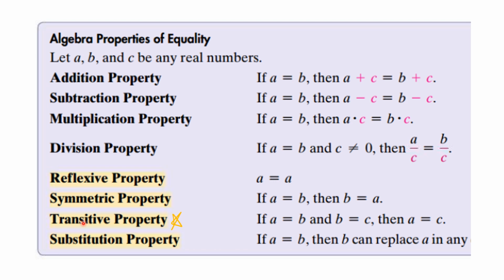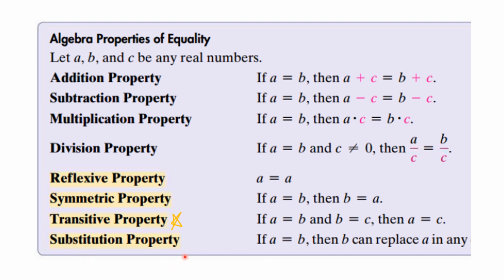I'll give you an example with actual numbers on the next slide, but the transitive property of equality says if A is equal to B and B is equal to C, then A is equal to B, which is equal to C, which means that A is equal to C. So if A is equal to B and that very same B is equal to C, then A is equal to C. Transitive, think of it like it translates across those equations. So A is equal to B, B is equal to C, so A is equal to C.